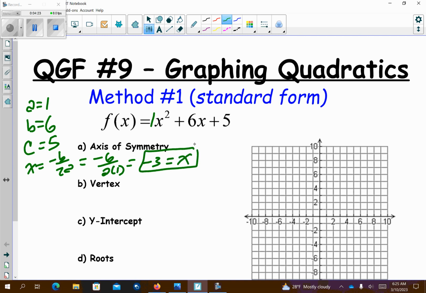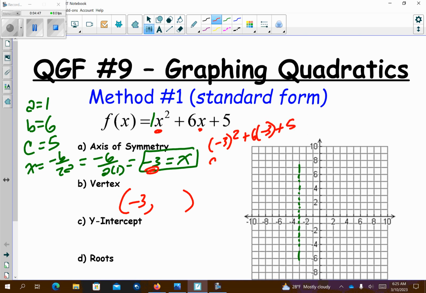Remember that x value, the axis of symmetry, is always the x value of our vertex. So next I'm going to take this negative 3, I'm going to plug it in right here. I'm also going to take that negative 3 and I'm going to plug it into both my x's up here. So make sure you put it in parentheses when you're plugging things in. That way you can keep the right sign.